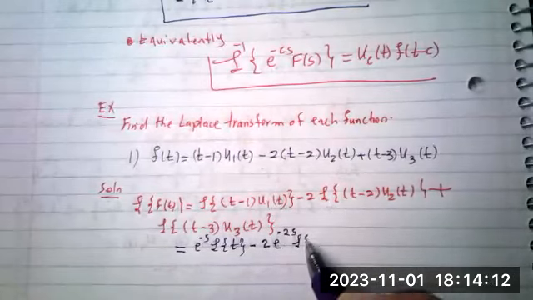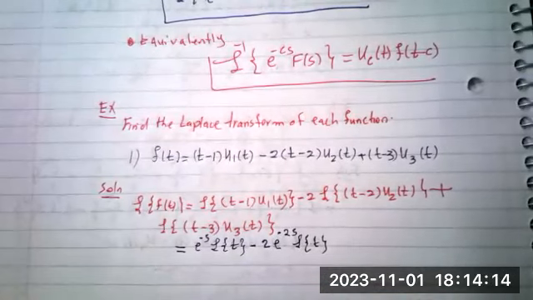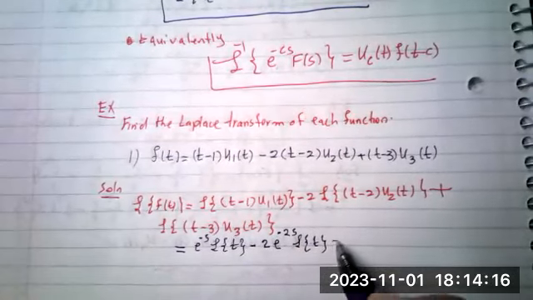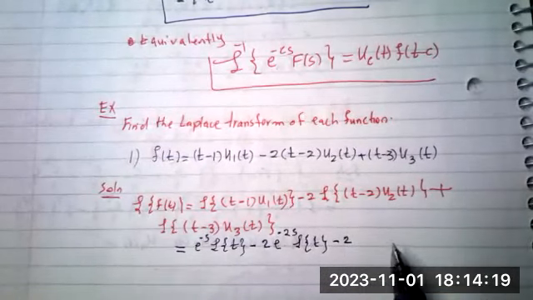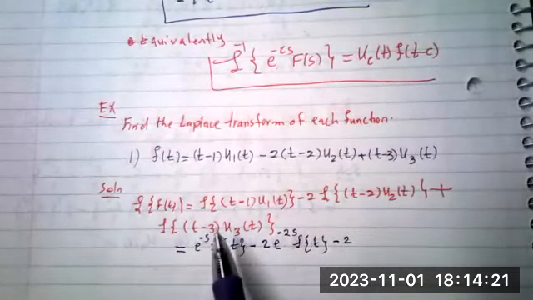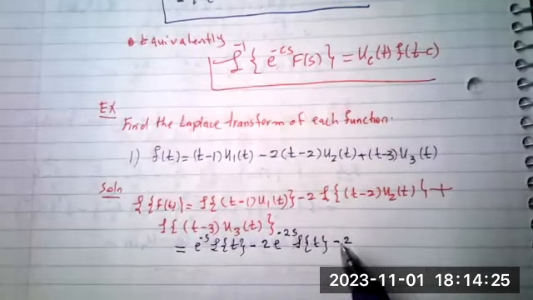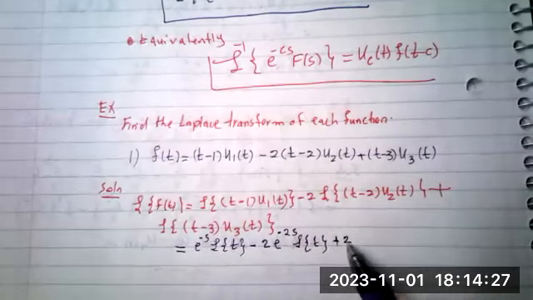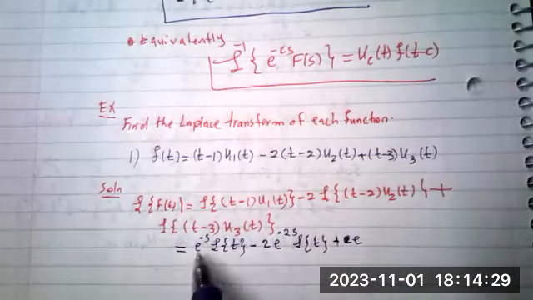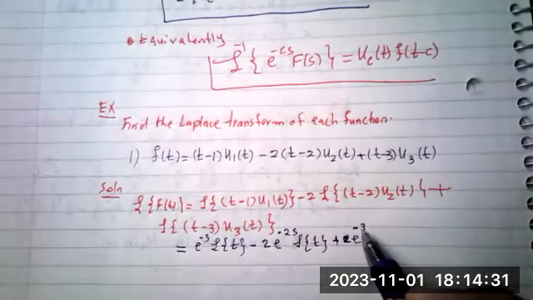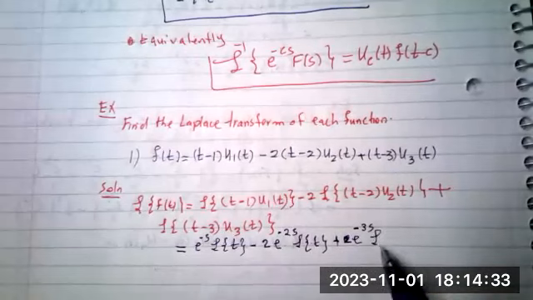So that would be the Laplace of t. Same for the last one. Sorry, what's the last one? Last one is t minus 3. So it's going to be plus e to the negative 3s. Again, the function is just t.